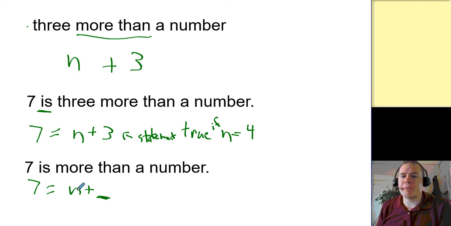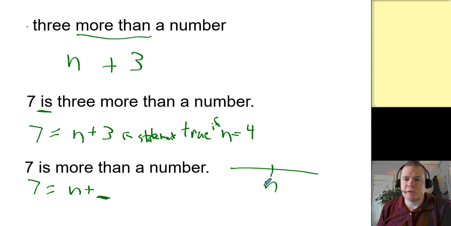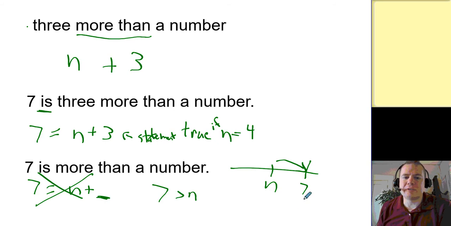It's some amount more than a number. If I'm looking at my number line, here's n. If I add something to it, I'm going to get to 7. But I don't know how much more I need to add. That's what makes this not an equation, but an inequality. All I know is 7 is somewhere to the right on the number line compared to n.